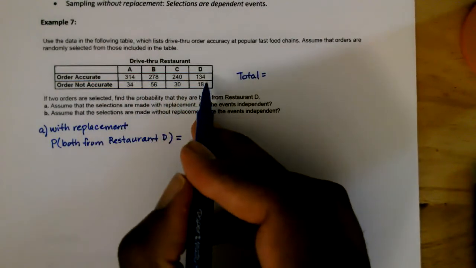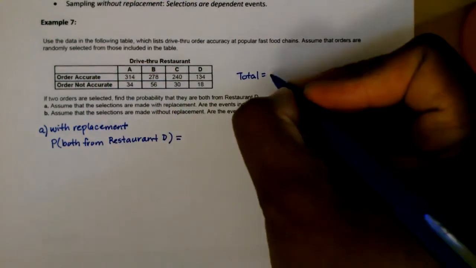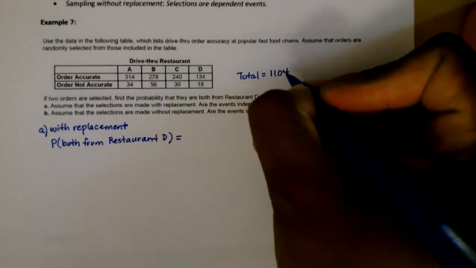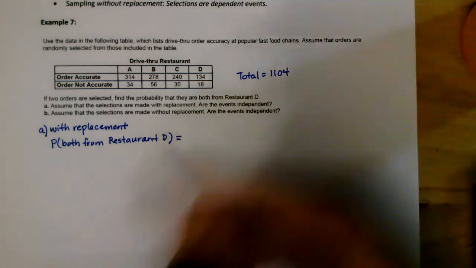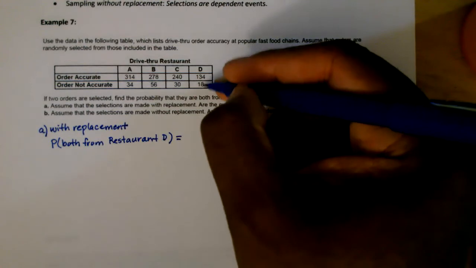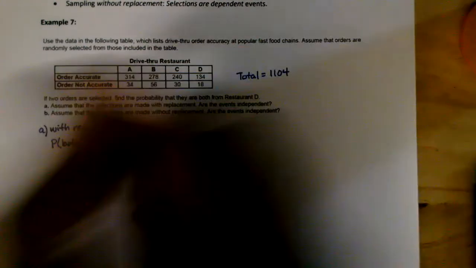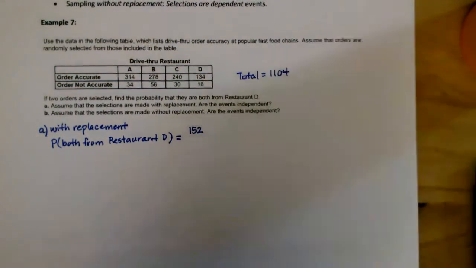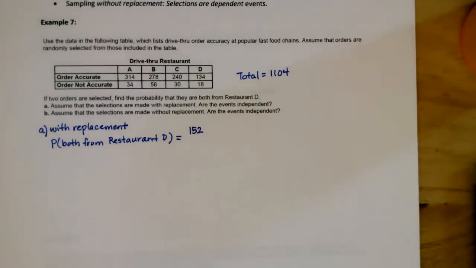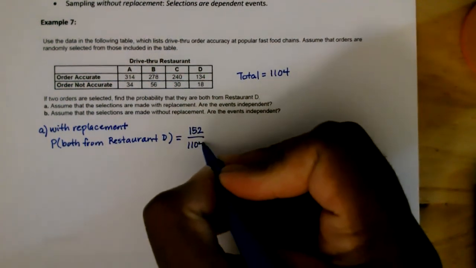If we were to add each of these numbers up individually in these boxes, that total is 1,104. All right. Now, restaurant D is this column right here. Add 134 and 18 together, you'll get 152. So on the first order, the probability that it came from restaurant D will be 152 out of 1104.